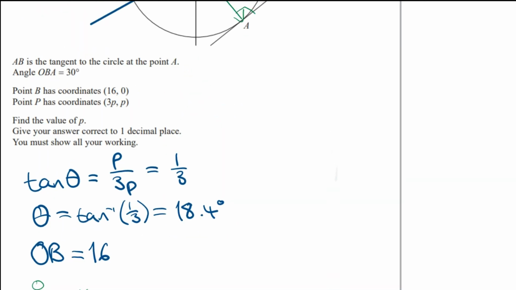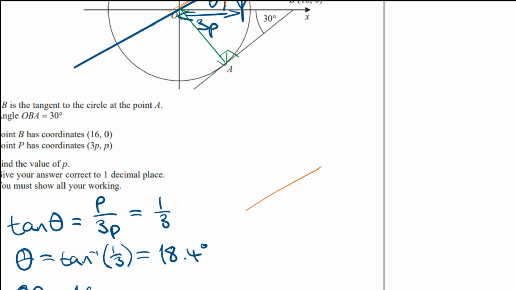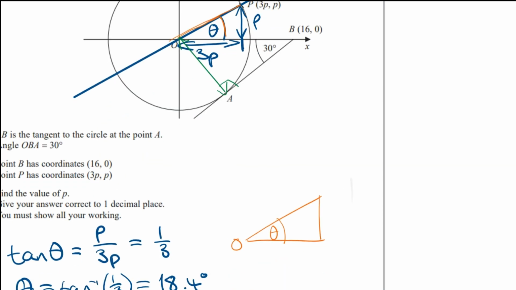If I draw out another triangle, we've got theta here, O here, P up here, and this is just some point, in fact, this is the point 3p, 0. So we know that the OP length is going to be 8, because that's what we had for OA, and because it's a circle it's going to be the same everywhere.